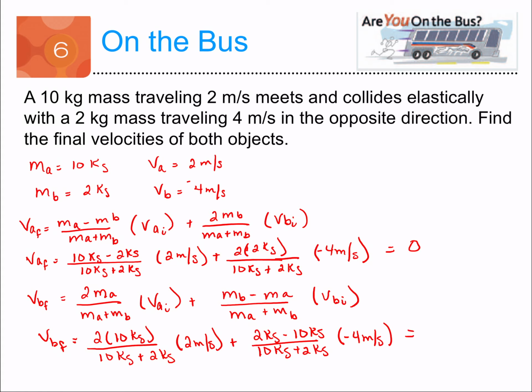When we plug all that in our calculator, we get 6 meters per second. Okay, that ends part 4 of chapter 6.